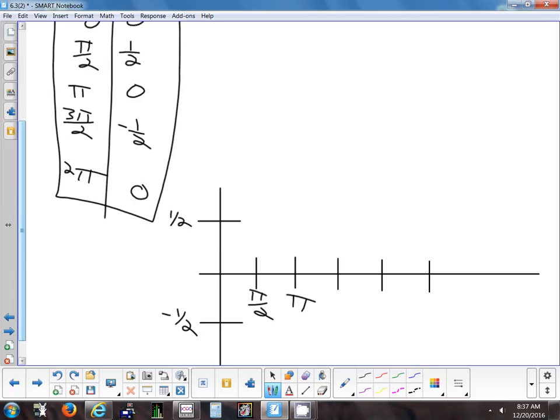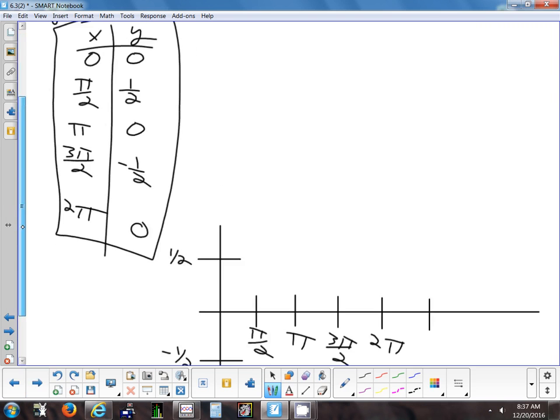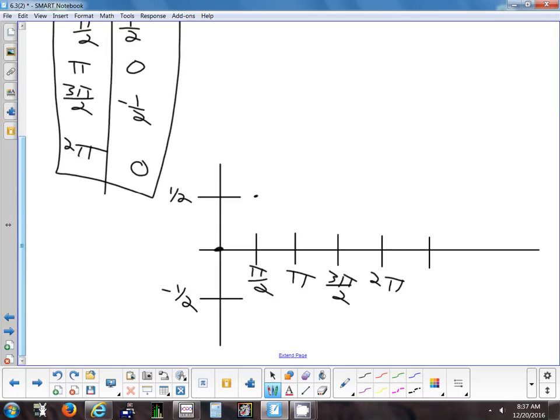Okay. The next type, we will not be doing the x-axis the same. All right, so we've got 0, 1, 0, negative 1, back to 0. Are there any points of inflection on that graph?